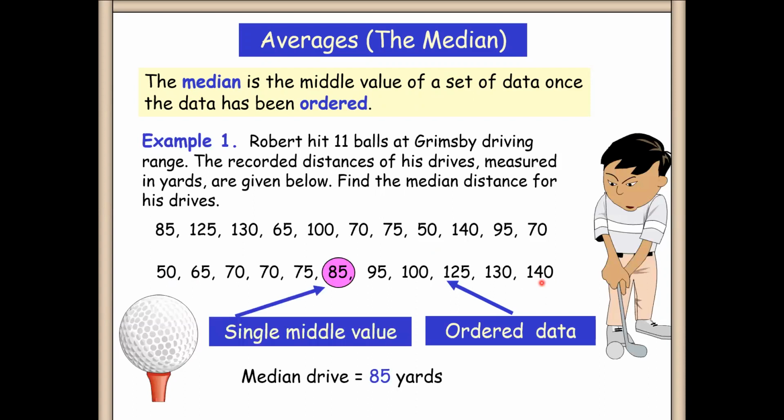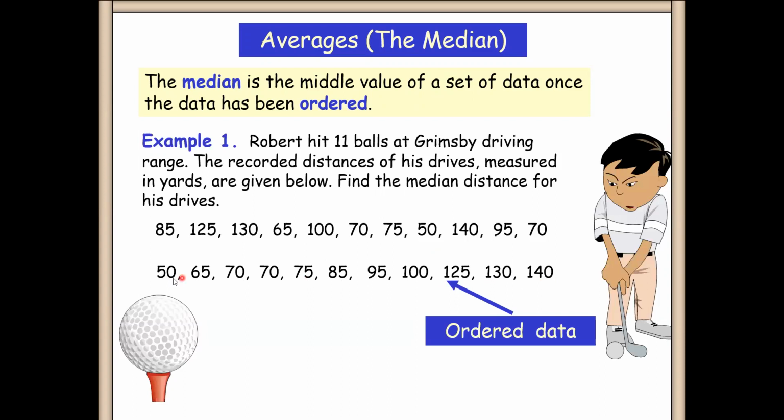Now, to find the median, before I actually put out the median, let's count how many numbers we have. 1, 2, 3, 4, 5, 6, 7, 8, 9, 10, 11. So if we have 11 numbers, in which position will our median be? Somebody can tell me that?